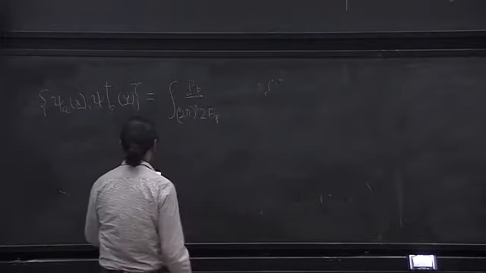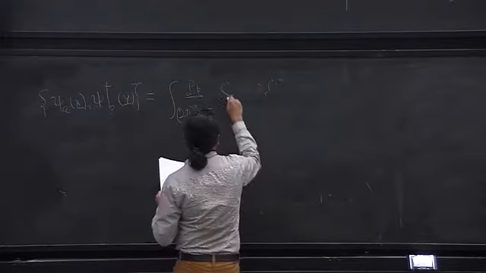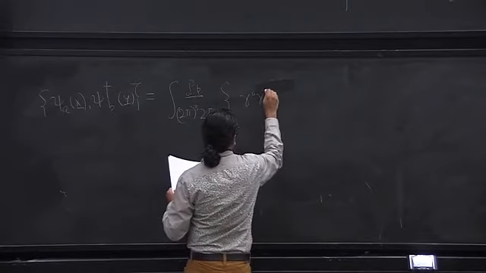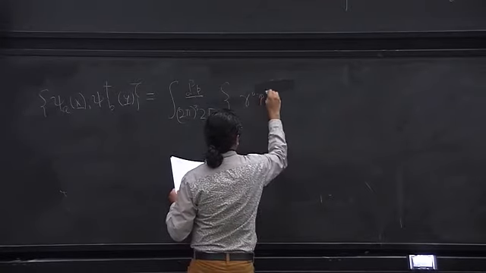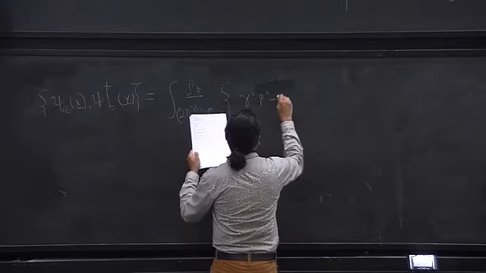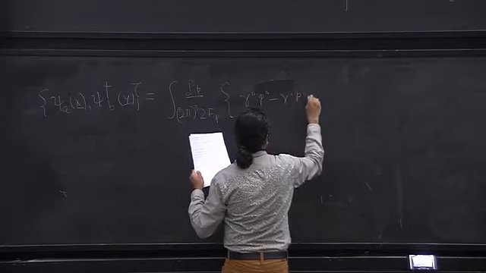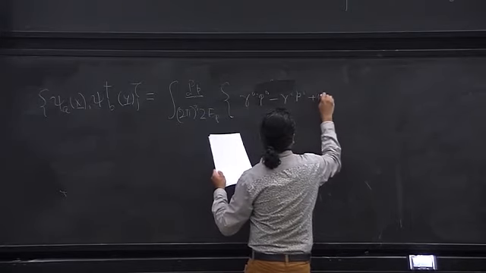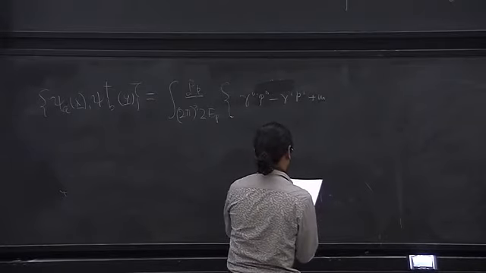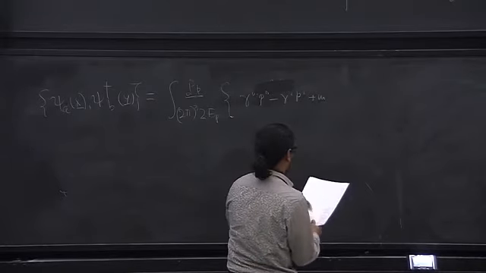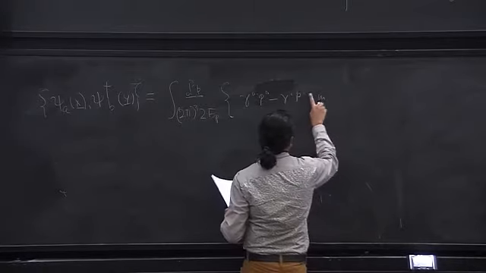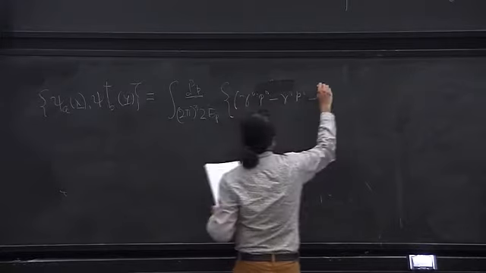And then the first term gives us gamma 0 p_0 minus gamma^i p_i plus m. Should it be plus m or minus m? It should probably be minus m. I think it should be minus m, but okay.